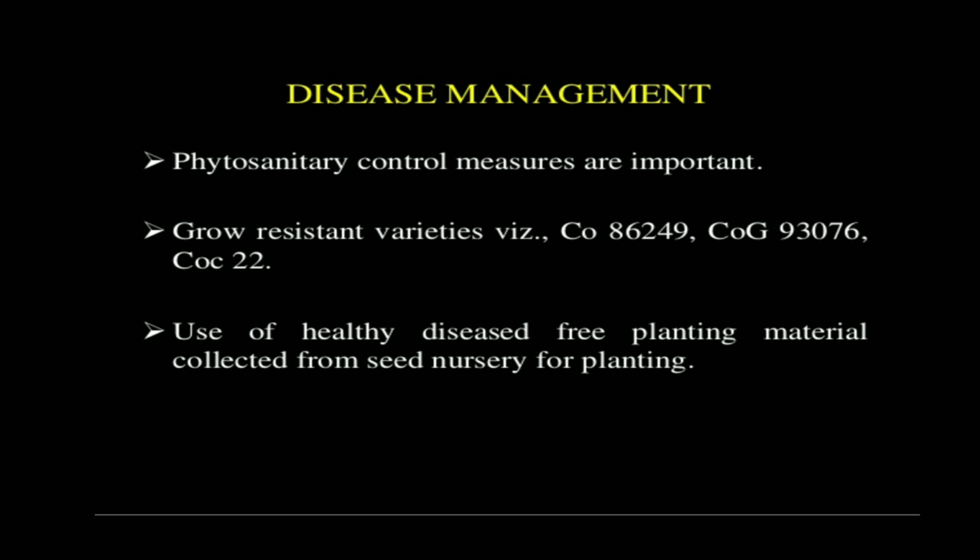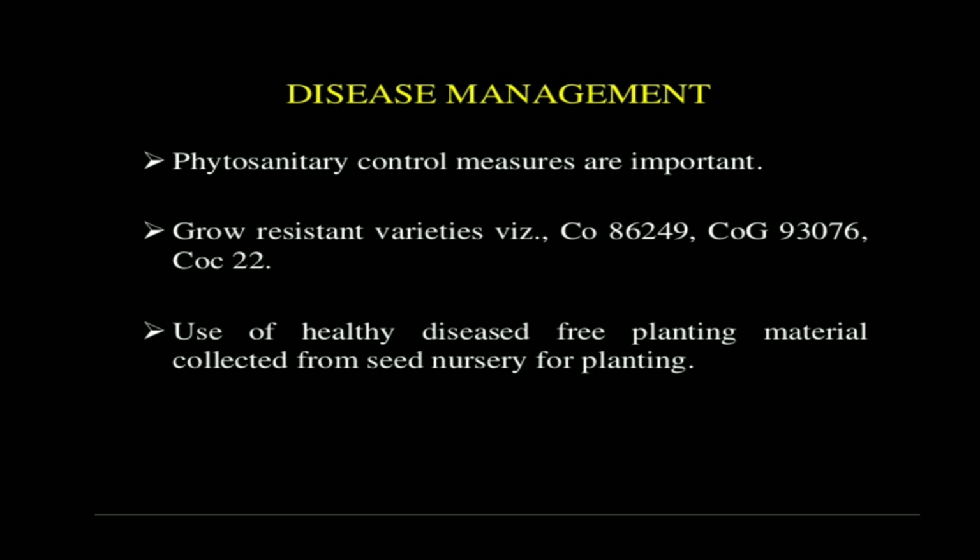There are some resistant varieties of sugarcane, like CO 86 249, COG 93076 or COC 22. So these are three different mycoplasma disease resistant varieties.